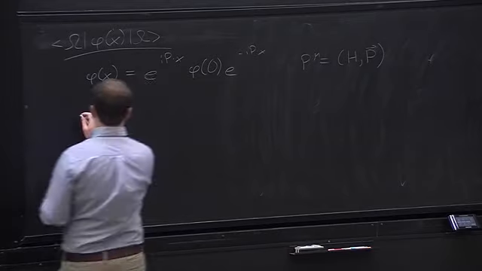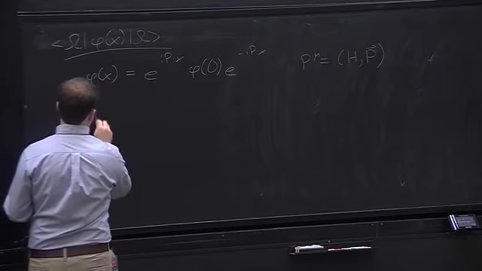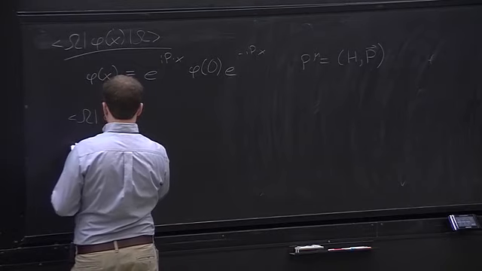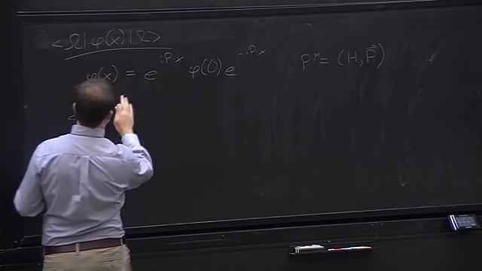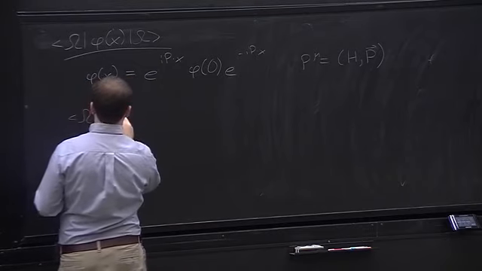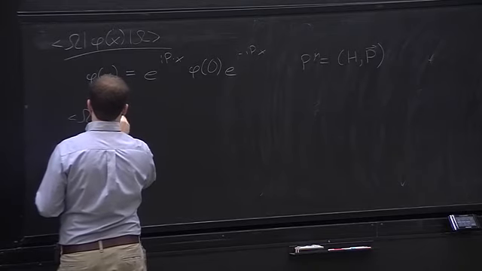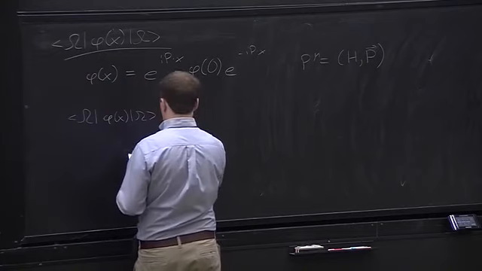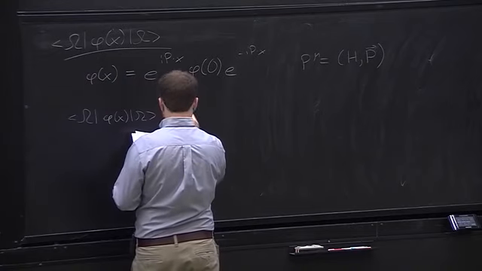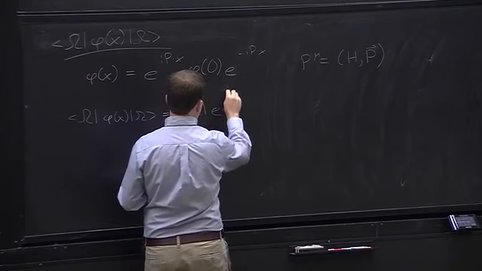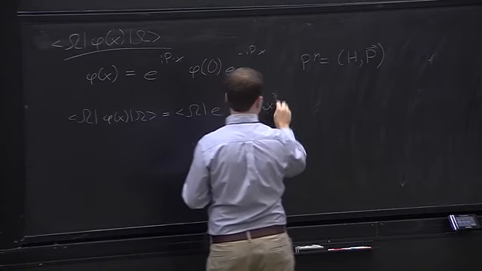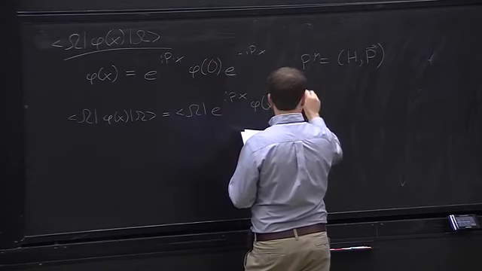And so one thing we can do is use this translation to write the expectation value of phi of x as the vacuum expectation of e to the i P dot x, phi of 0, e to the minus i P dot x.